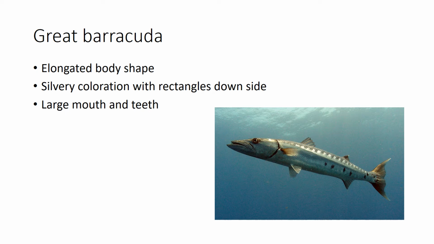You can also see these little rectangular looking markings along the side of them, which reflect in the light. That can easily help you identify them from afar. The barracuda also has that large mouth that you can see here and big teeth. That is also an indicator of their niche or lifestyle.